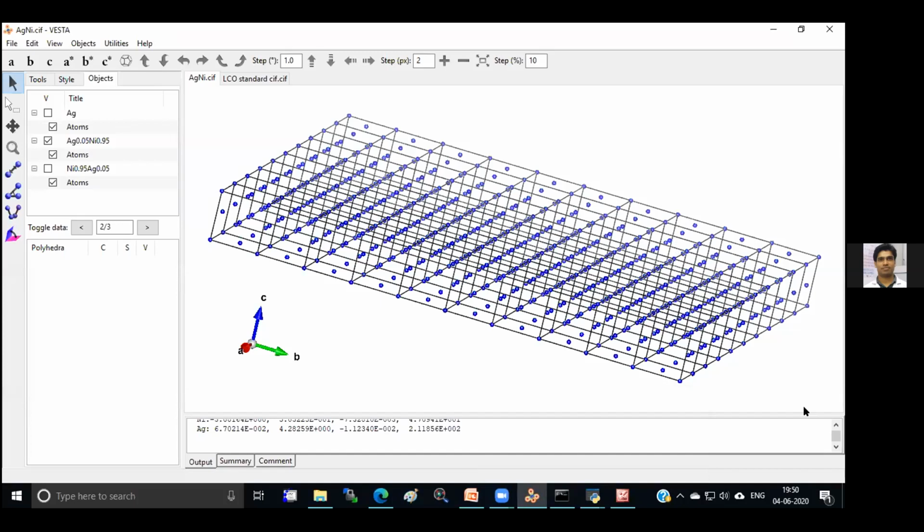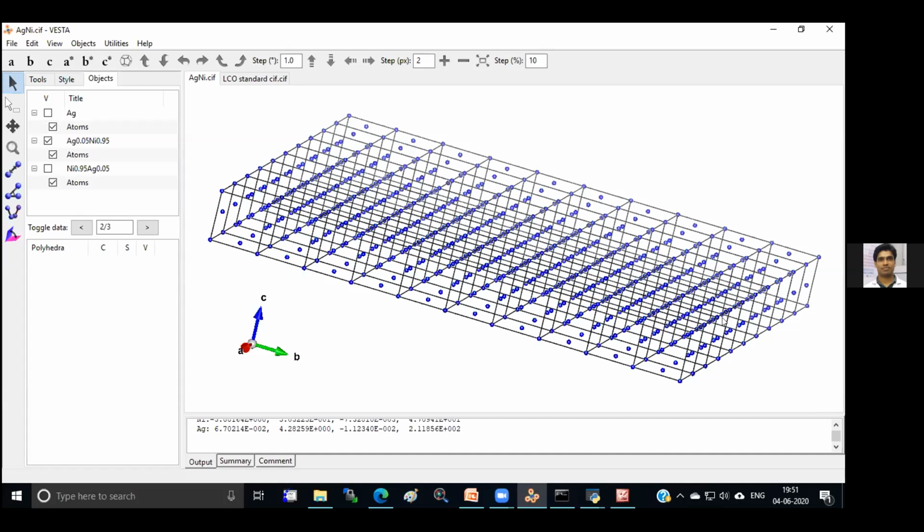But the atomic coordinates are not the same. They're different. Suppose you have nickel 2 plus and, let's say, nickel 0. Now, if the atomic coordinates are different, will you be able to identify them in Vesta?